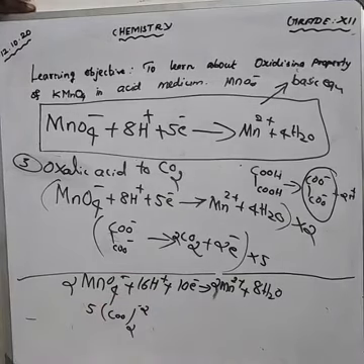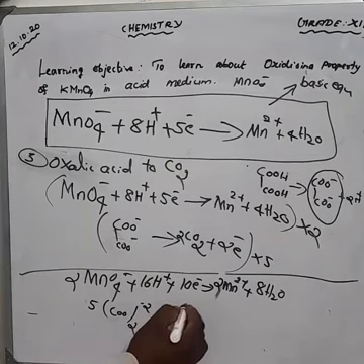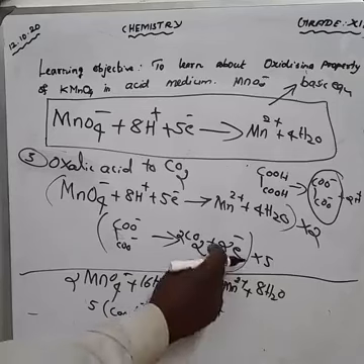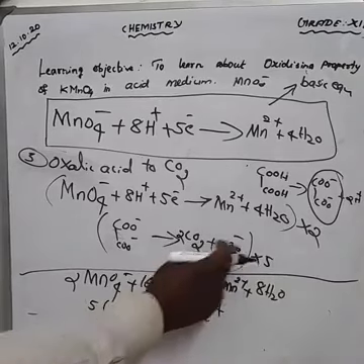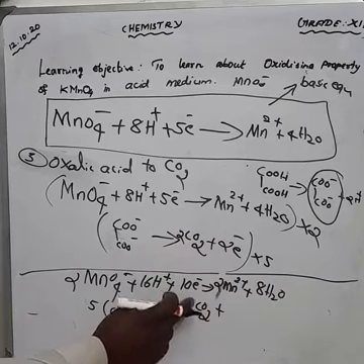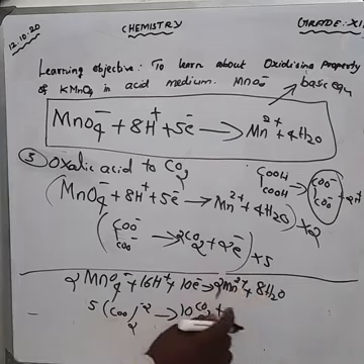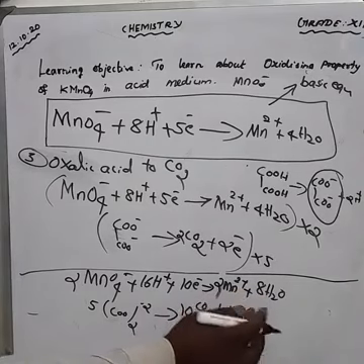It is converted into carbon dioxide, 2 moles of CO2, and 5 times 2 is 10, so you write 10 moles of carbon dioxide, and 5 into 2 is 10 electrons.